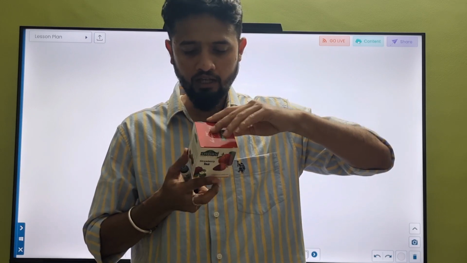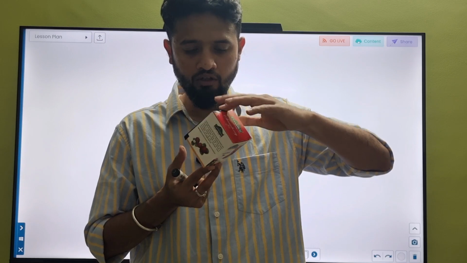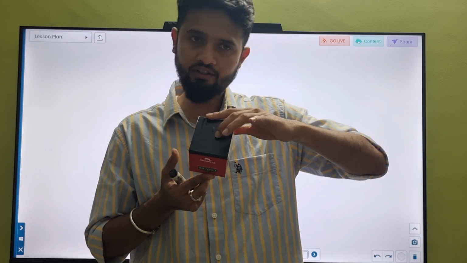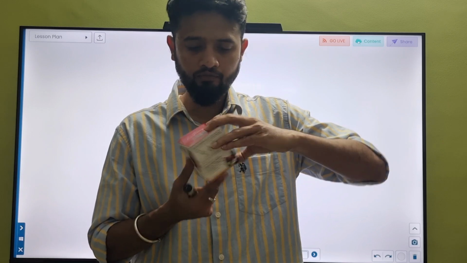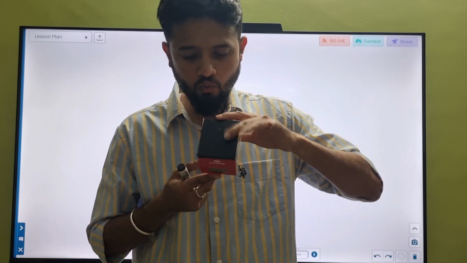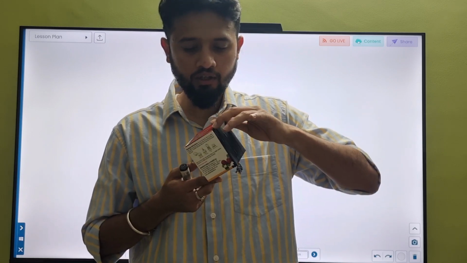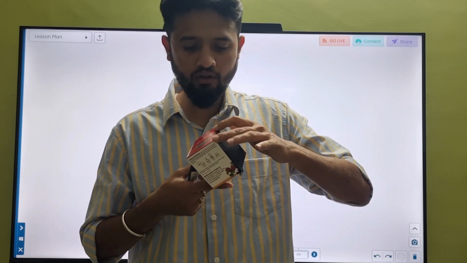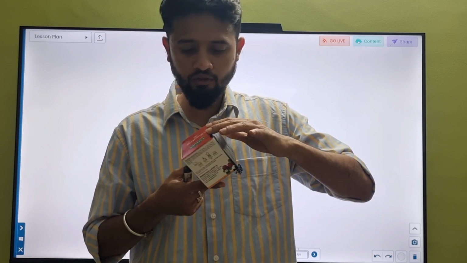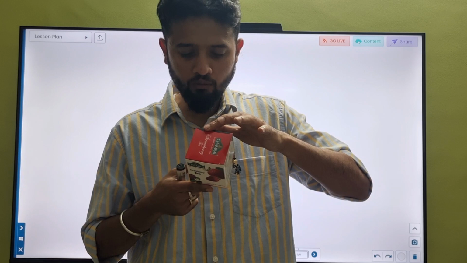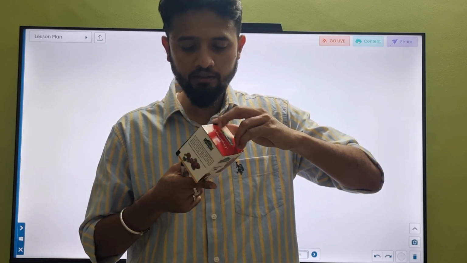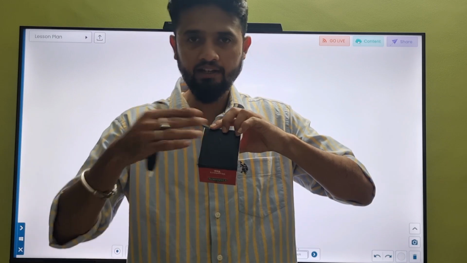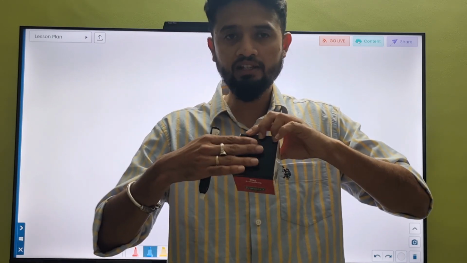Then again rotate it, same face. Okay, so we were holding it like this. Here you get the solid angle. This is the face. Here you get one more face. So one time, then the second time you get the same face on the same position.